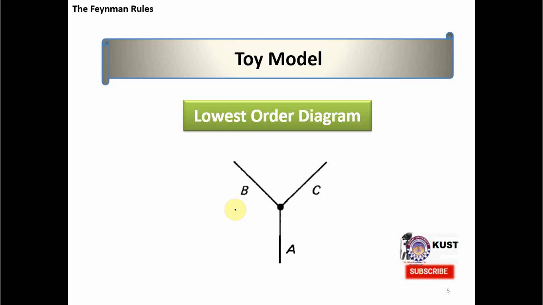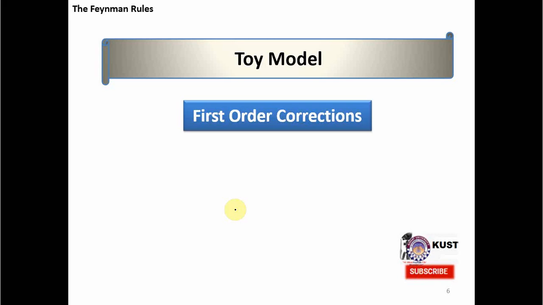The answer is yes, and the first of these corrections come from first order, so we call them first order corrections. For example, look at this Feynman diagram.